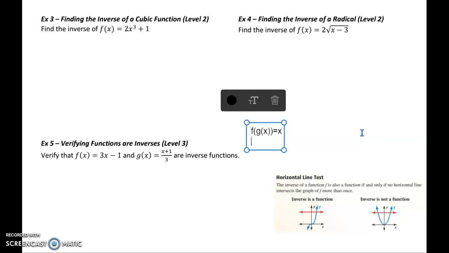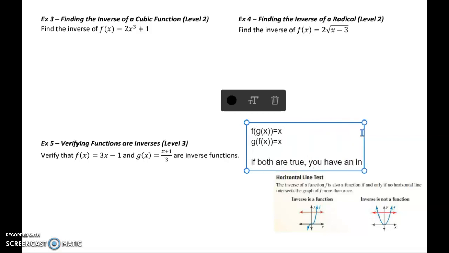It also has to be true then that g of f of x must be x. If these things are true, then they are inverses.